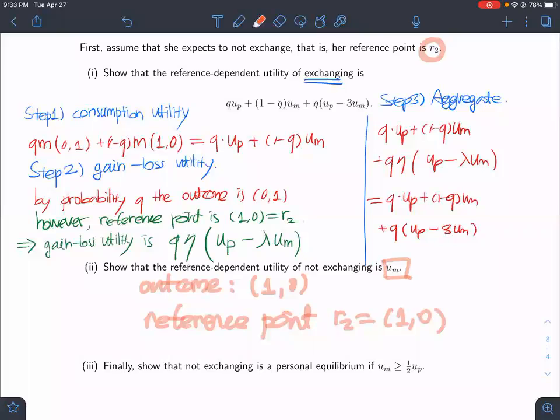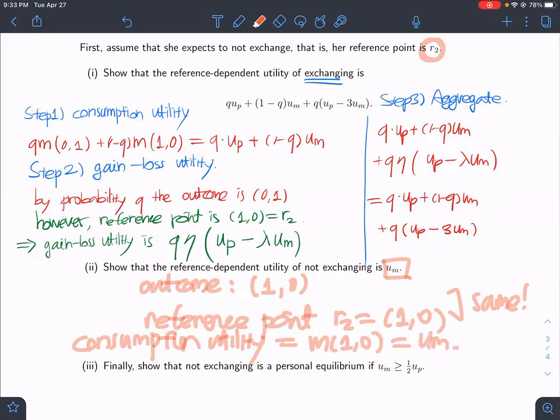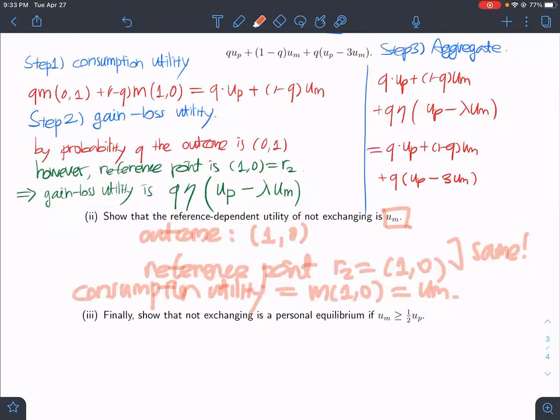So in any case, the reference point and the outcome are the same. So we just need to care about the consumption utility. You consume 1 mug for sure, which is 1 mug, U of M. So this is the end. Any questions? Okay.